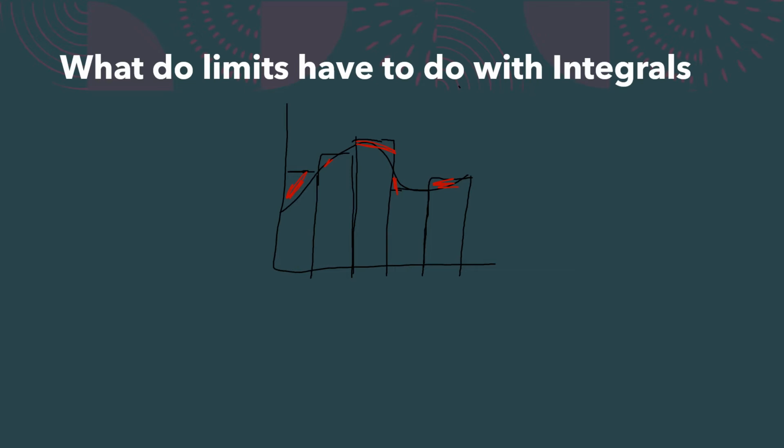But what we can actually do is get an even better approximation. The way we can do that is to use smaller rectangles. So if you use little itty bitty rectangles, then we can really get close to the right answer. It's harder to draw them though.